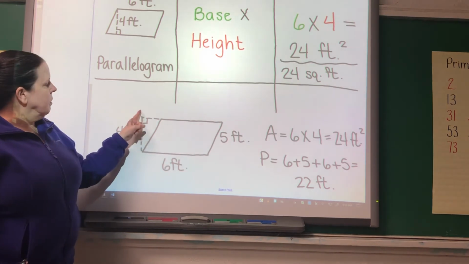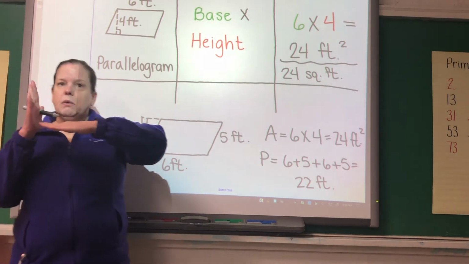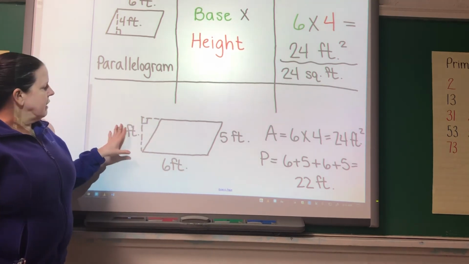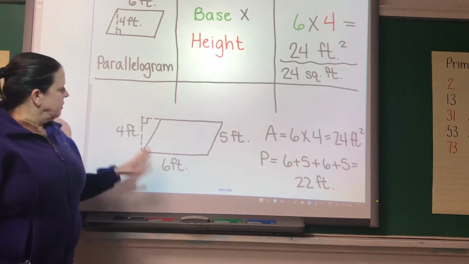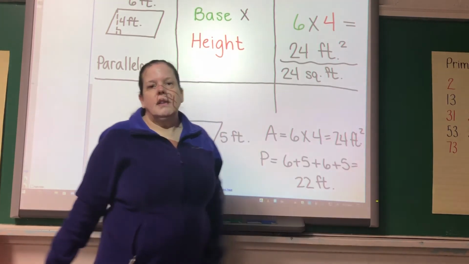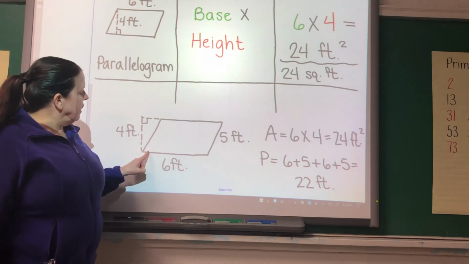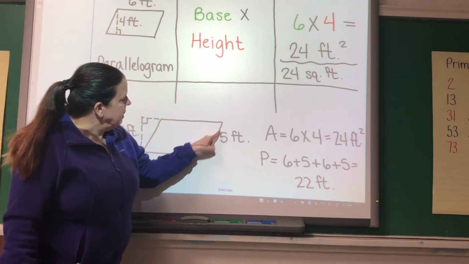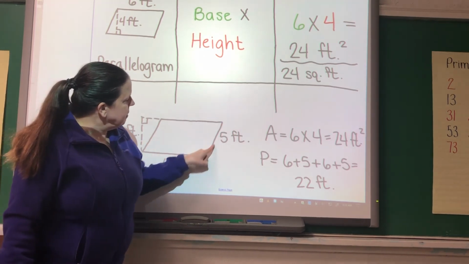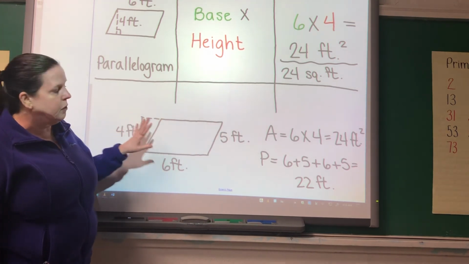So your height and your base have to be perpendicular, and that's what you're using for area. So 4 times 6, and again you have to square that label. Whenever you get to the point where you also have to do perimeter, that's where you're going to use, like here, the 6 plus 5 plus 6 plus 5. That has nothing to do with area.